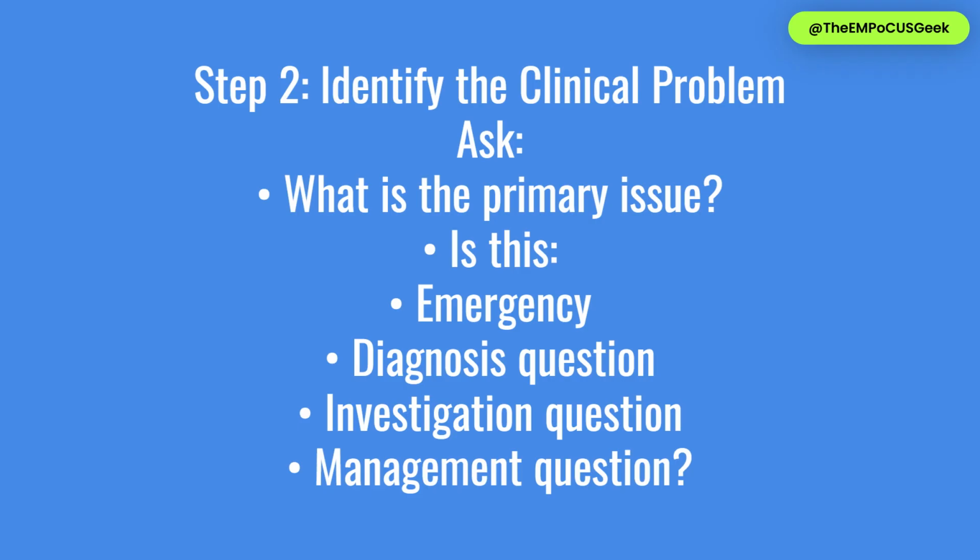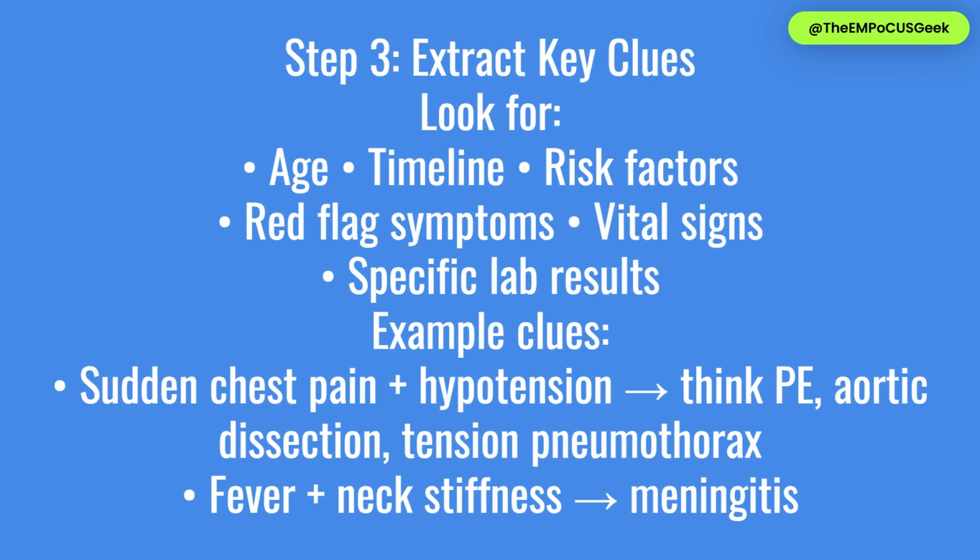Step 2. Identify the clinical problem. Ask, what is the primary issue? Is this an emergency? Is this a diagnosis question, investigation question, or a management question? Step 3. Extract key clues.